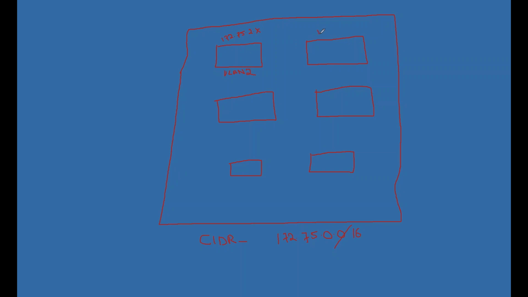And there is another subnet, 172.75.3.x, and this will be called VLAN 3. There will be another subnet here, 172.75.8.x, and you call it VLAN 8, depending on the last of that.